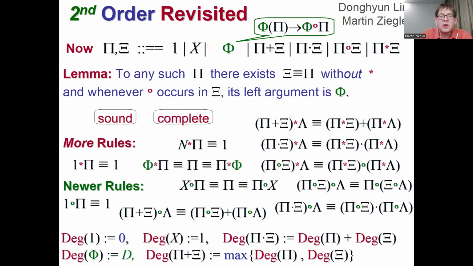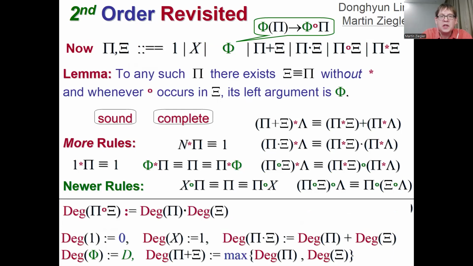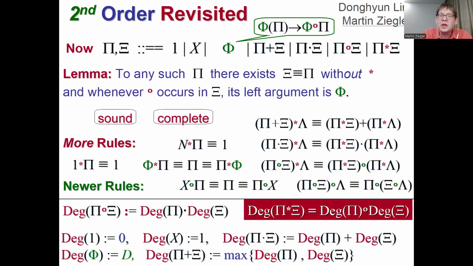But first, let's recall how we define the degree of a second order polynomial, and now adapt this definition to this new definition. So now we define the degree of the composition to be the product of the degrees. So this is now not a consequence anymore. What is a consequence is that the degree of the second type of composition is a first type composition of the degrees.